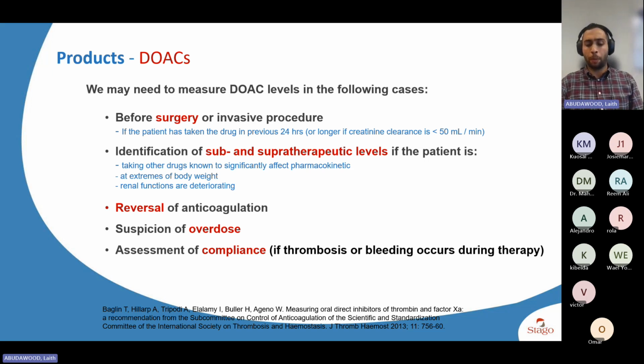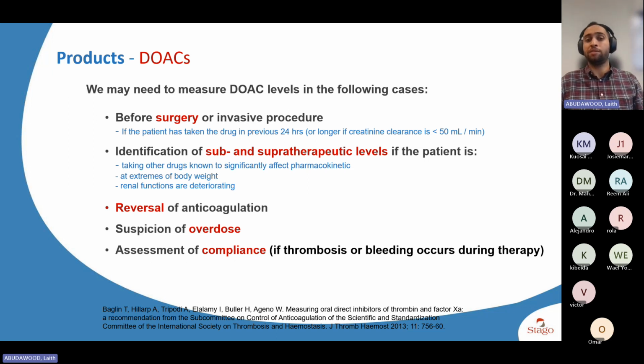Now, the important part is, one of the major advantages of low molecular weight heparin, fondaparinux, and especially DOACs is that they more or less remove the need for monitoring. Unlike unfractionated heparin, where you have to keep monitoring every once in a while. Then why would I need a kit that actually measures DOACs? It's indeed true that monitoring is way less than it is the case for unfractionated heparin.